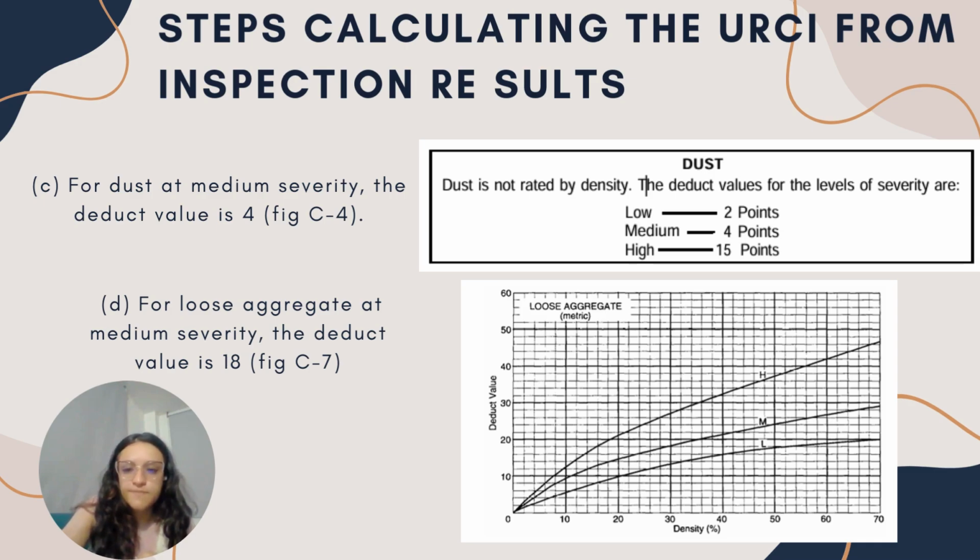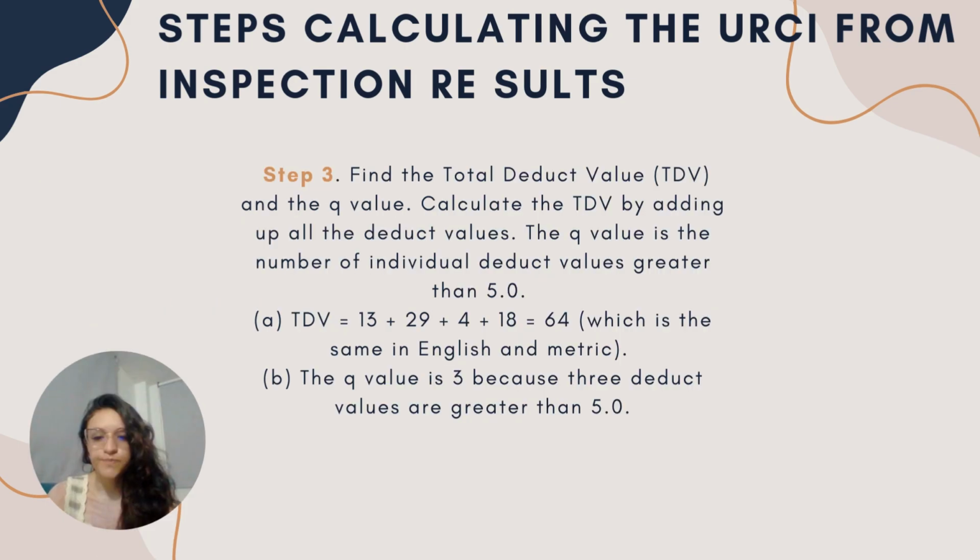In part C, for dust at medium severity, the deduct value is 4. You can see in the image the value corresponding to medium severity is 4 points. And part D, for loose aggregate at medium severity, the deduct value is 18.